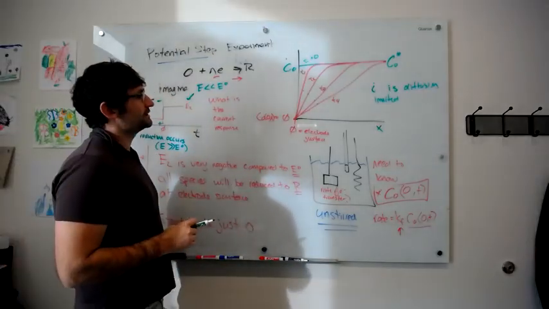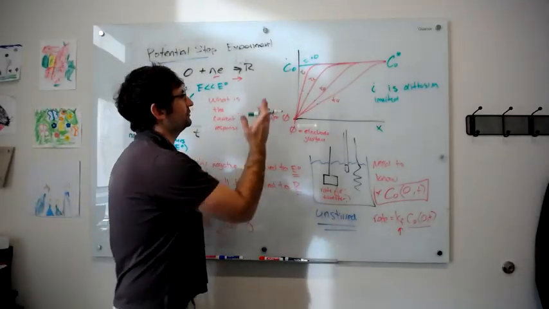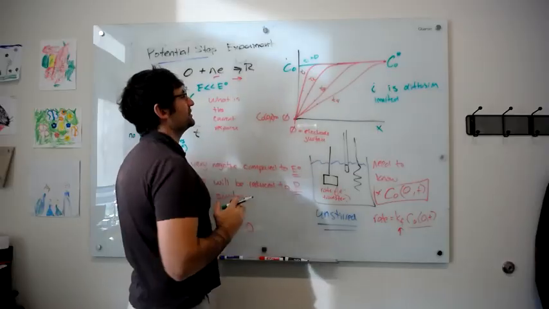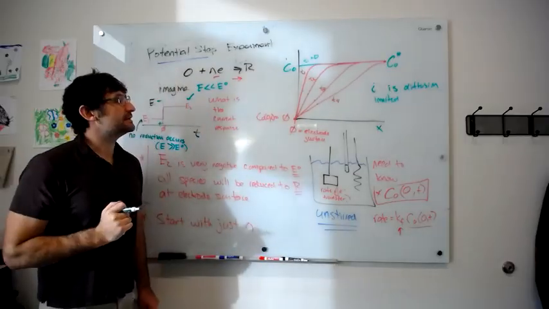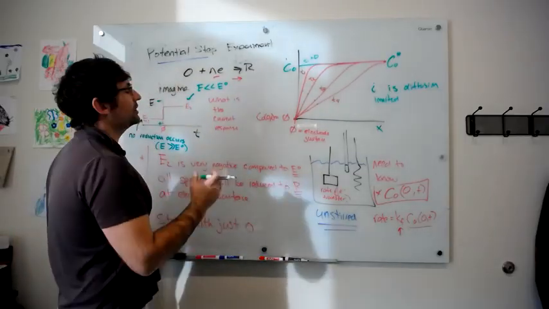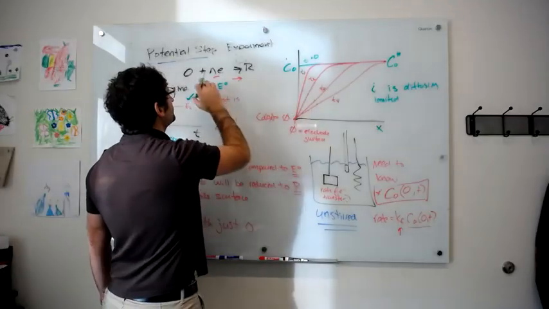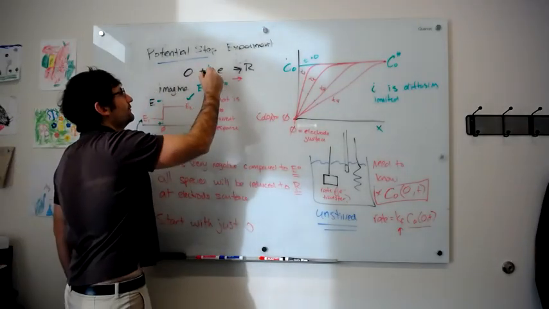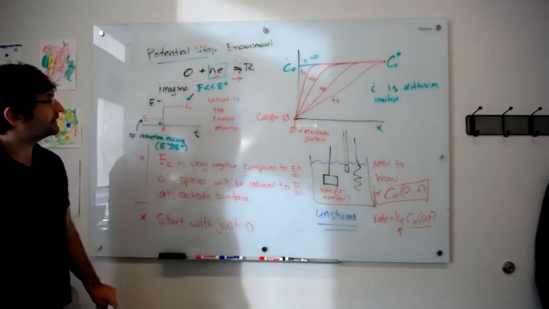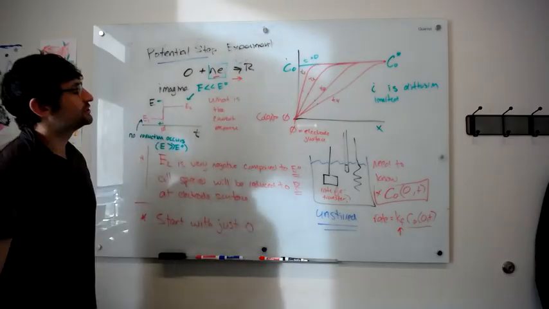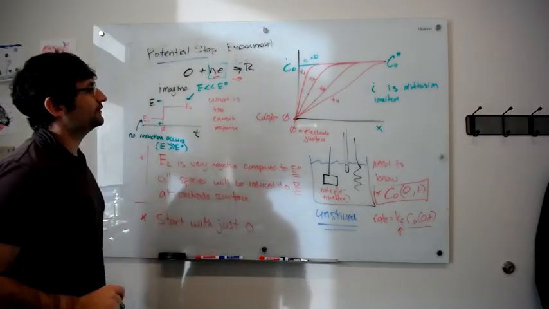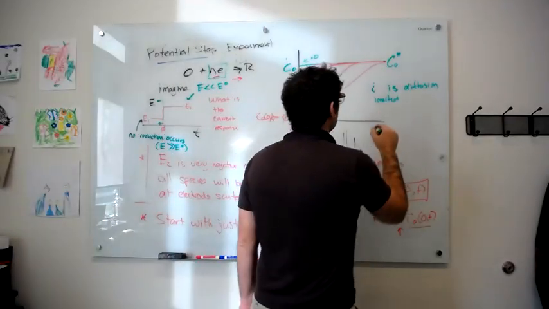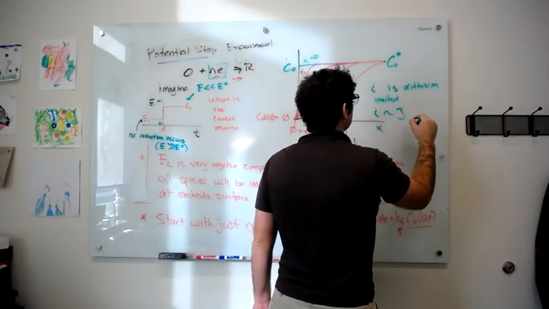So think about this for a second. What tells you the current you have to be measuring here under these conditions? Well, you know that the O that comes to the electrode surface is all converted to R. So what does that tell you? Well, every O takes n electrons to make R. So the flux of O to the surface is going to be related to the current, right?